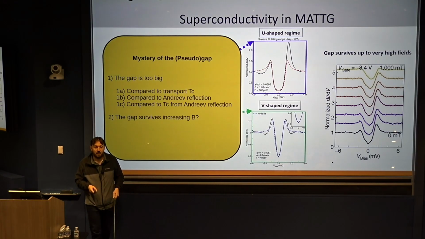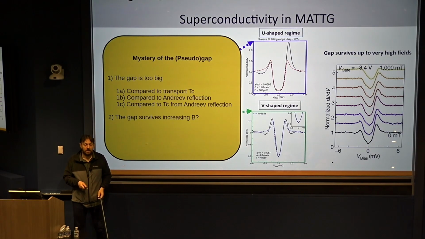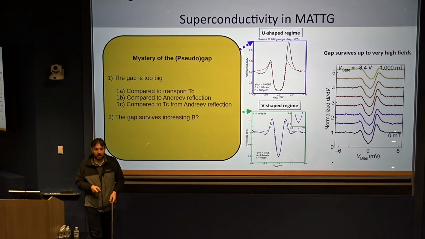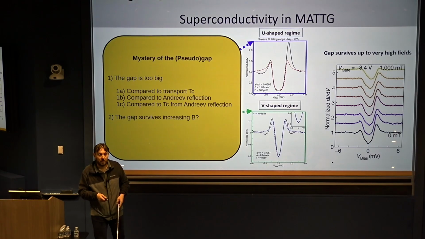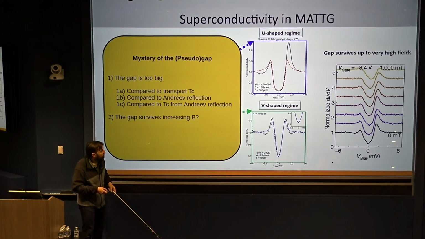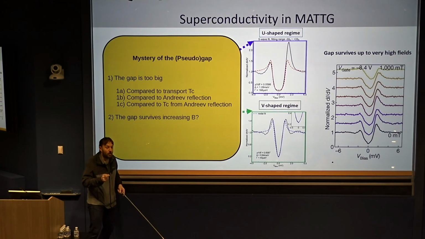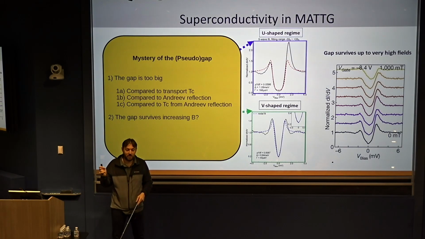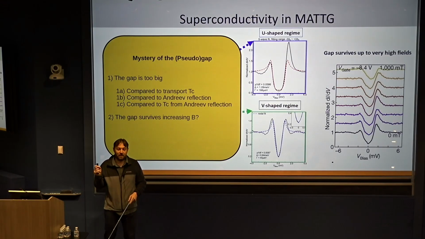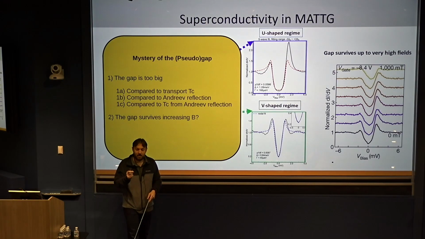Yes? Is the lack of particle-hole symmetry in these dI/dV curves generally considered an artifact, or does it contain something more? I'm not entirely sure how to answer this question, but I can tell you the particle-hole asymmetry is present everywhere, in STM data, in transport data, in all kinds of data.